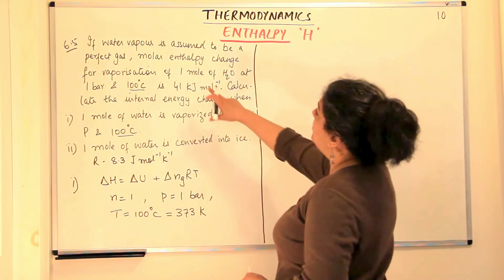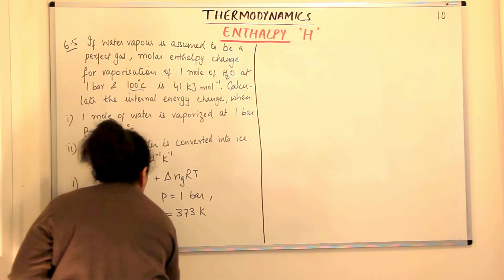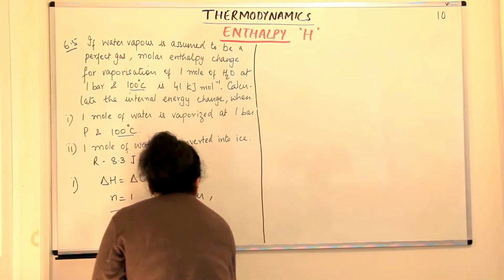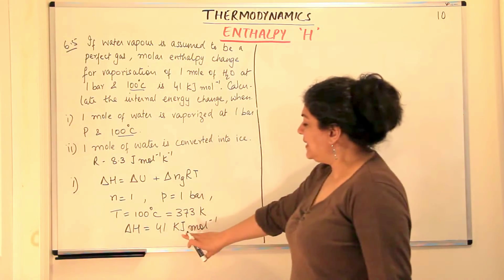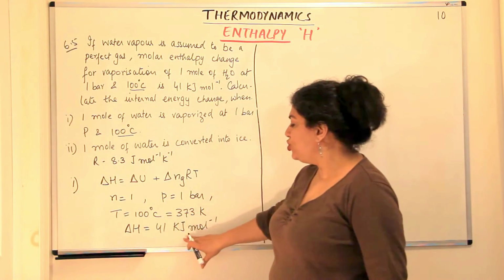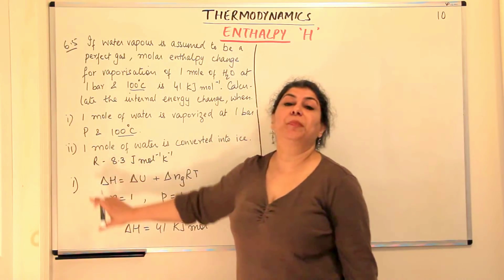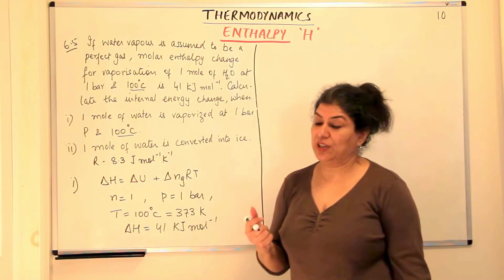And the molar enthalpy means it is delta H. Delta H given to us is equal to 41 kilojoules per mole. Right? When the delta H given to you is in kilojoules per mole, the value of R depends on the units that you're using for the other state functions.